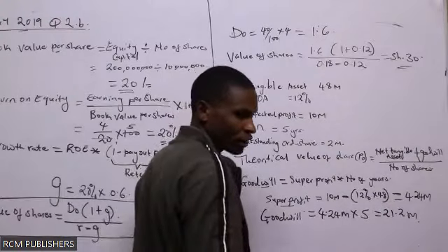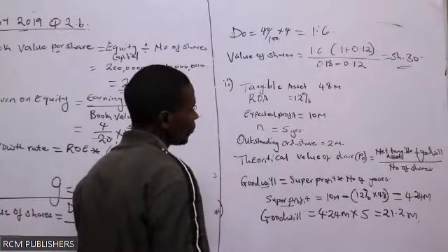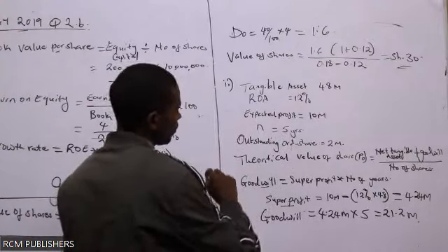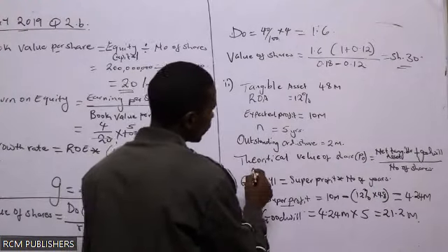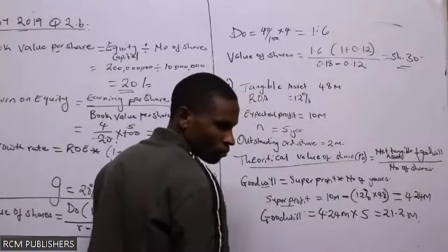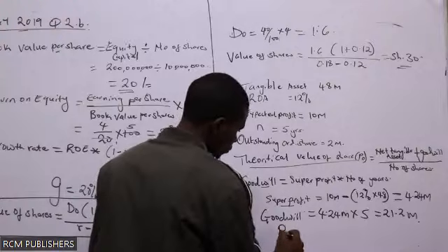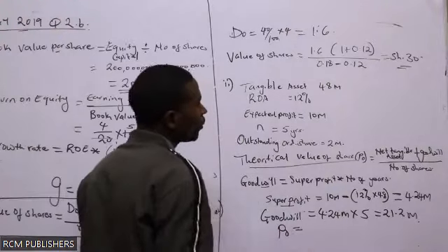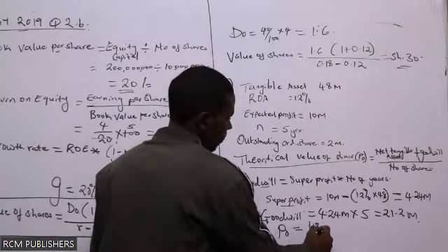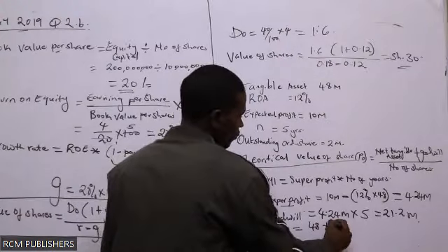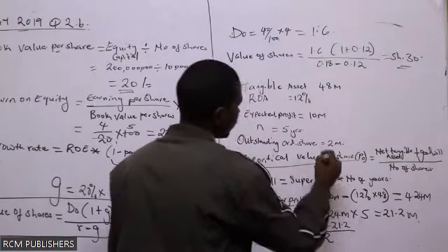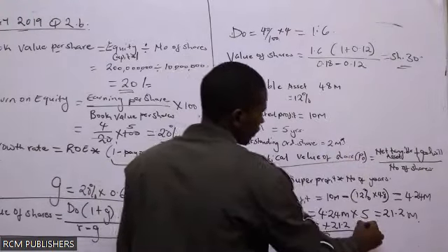So with that information, you are now able to compute. Remember, we need the theoretical value, the PO. So PO will be equal to net tangible assets, 48, then I add my goodwill, which is 21.2, then I divide by 2, which is my outstanding obligation.